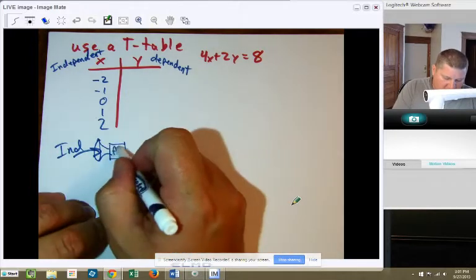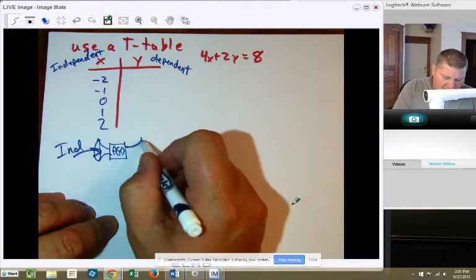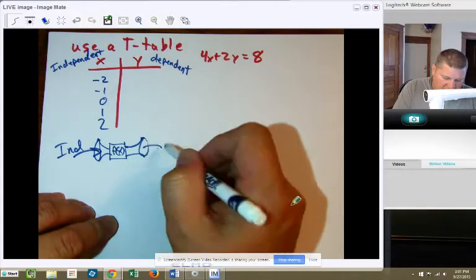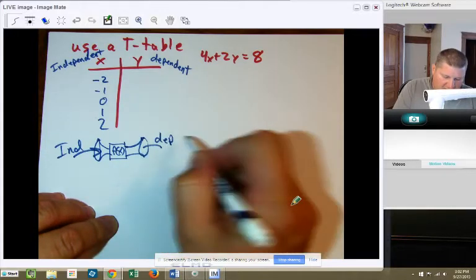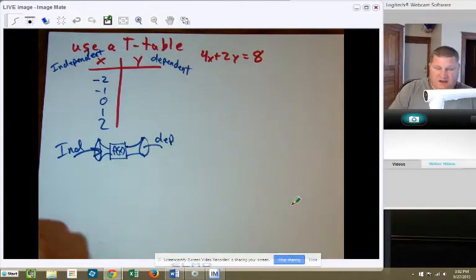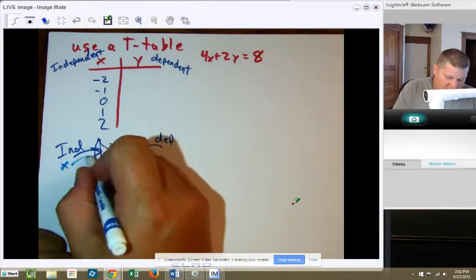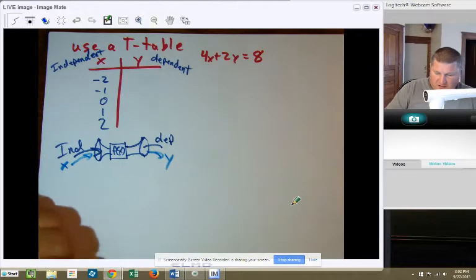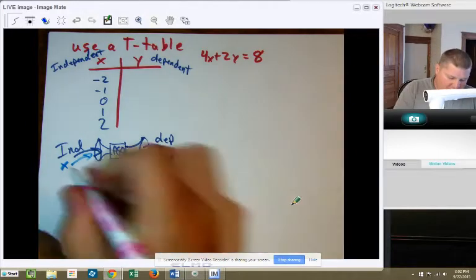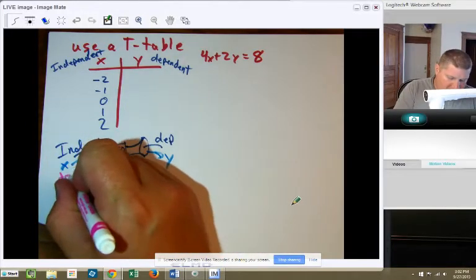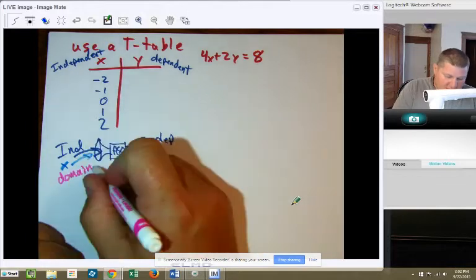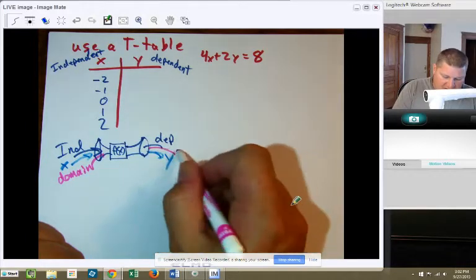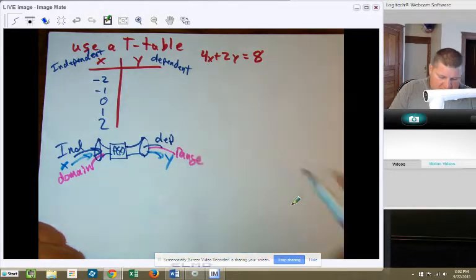We're going to run it through the function, and when it comes out on the other side, it's going to spit us out a dependent variable. So in essence, we take x's and put them in, and out it comes as a y. The other way to think about this is we plug in a domain, and it spits us out a range.